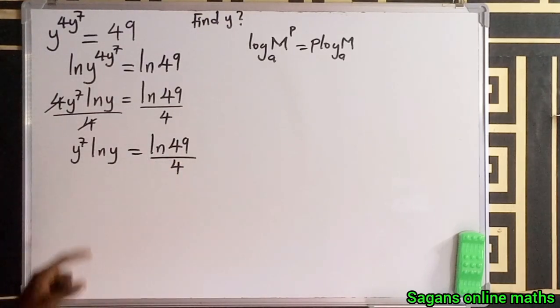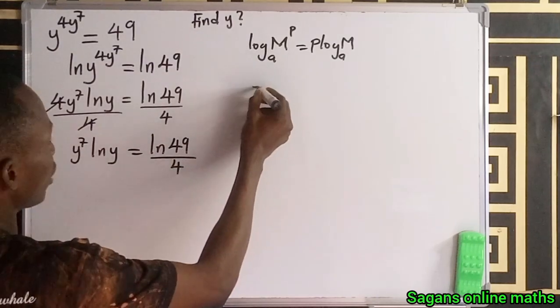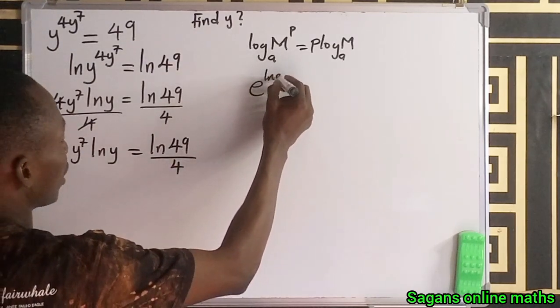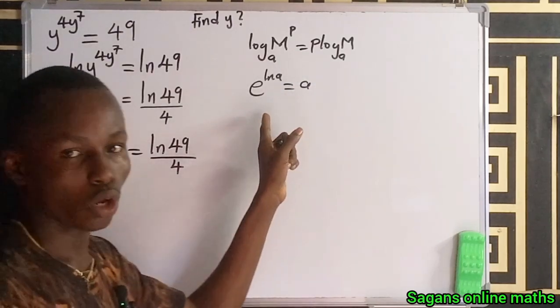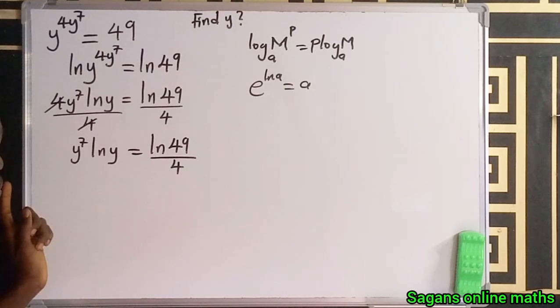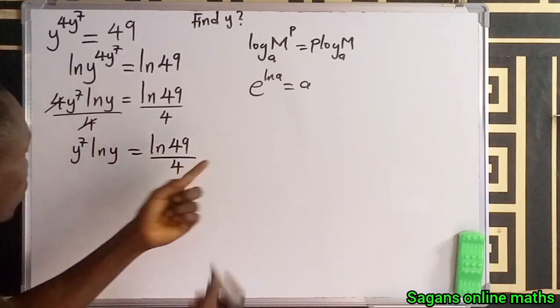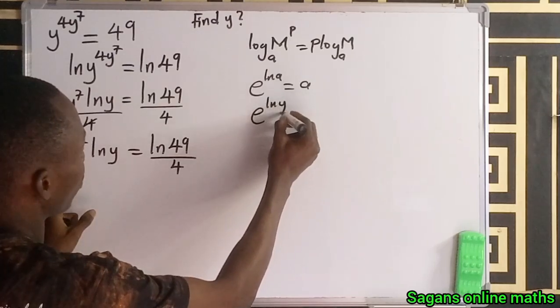At this point, what are we going to do? Let's also remember one of the properties of logarithm, that e to the power of ln a is equal to a. This is one of the properties of logarithm, which is very interesting. We are not wrong if we decide to write y to the power of 7 as e to the power of ln y to the power of 7.